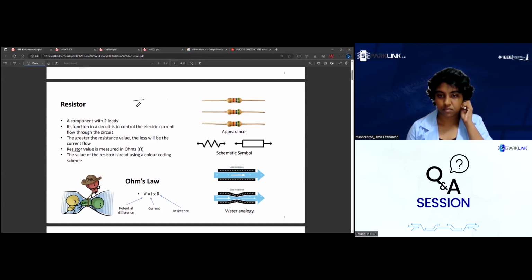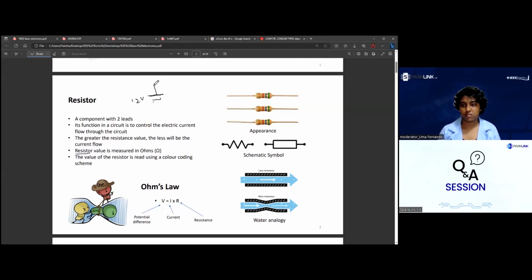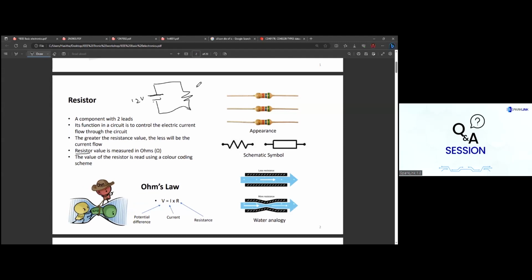If we use a resistor, assume we are connecting a 12-volt battery to a 1 ohm resistor. As you know, using Ohm's law, we can get the current flowing through this resistor, which is voltage divided by resistance, 12 amperes.